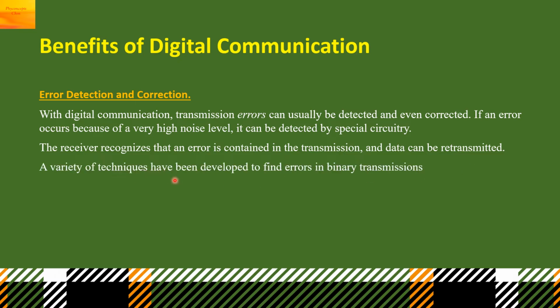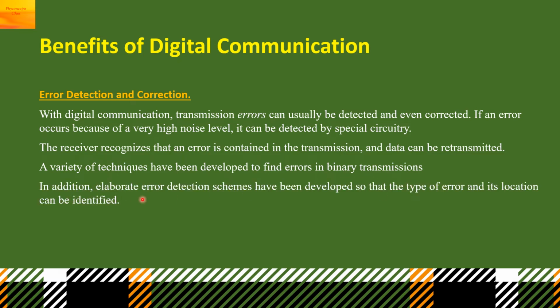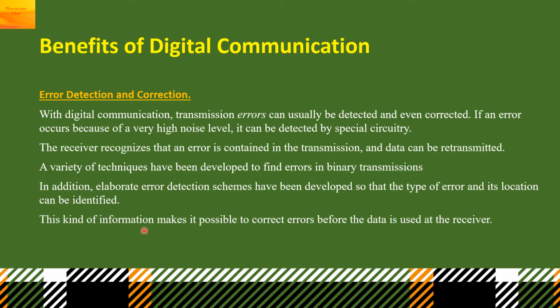A variety of techniques have been developed to find errors in binary transmissions. In addition, elaborate error detection schemes have been developed so that the type of error and its location can be identified. This kind of information makes it possible to correct errors before the data is used at the receiver.